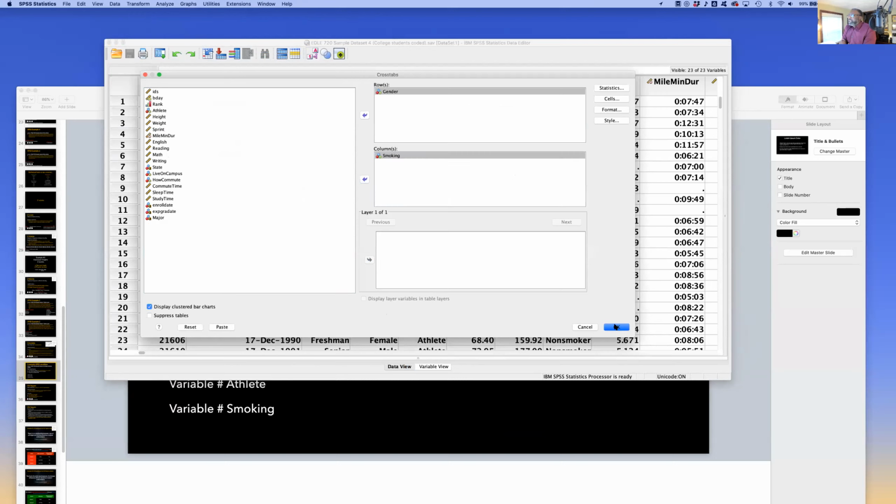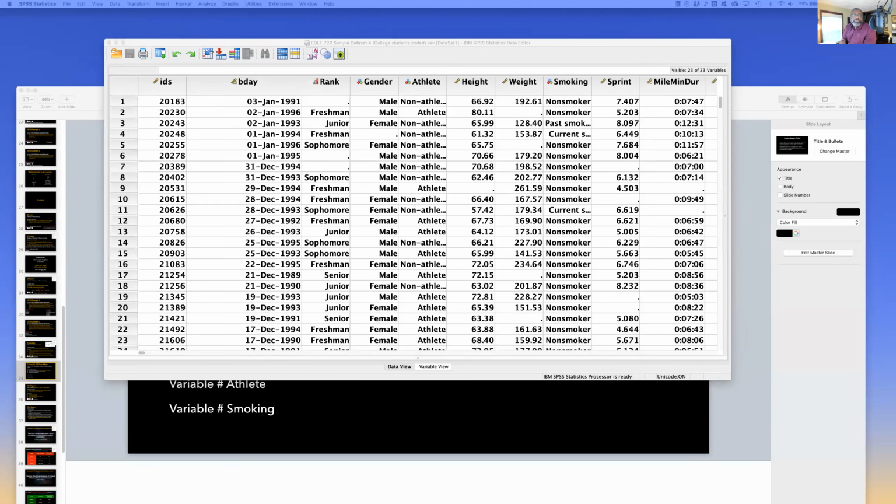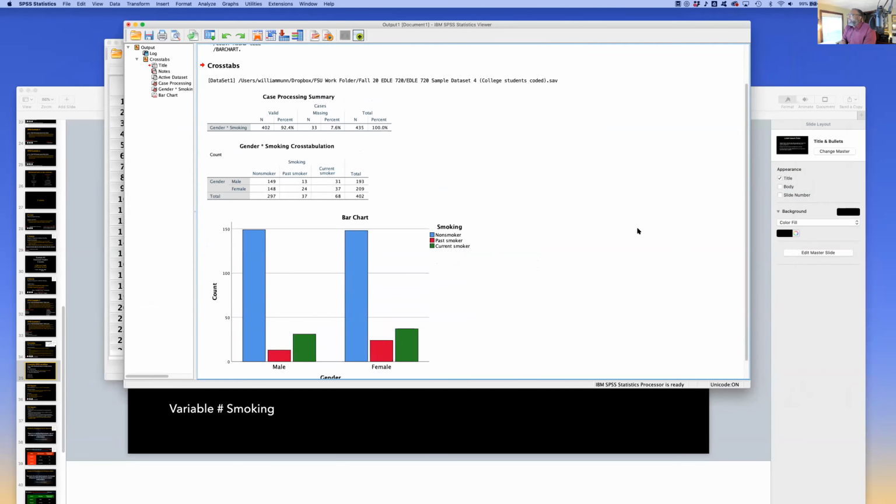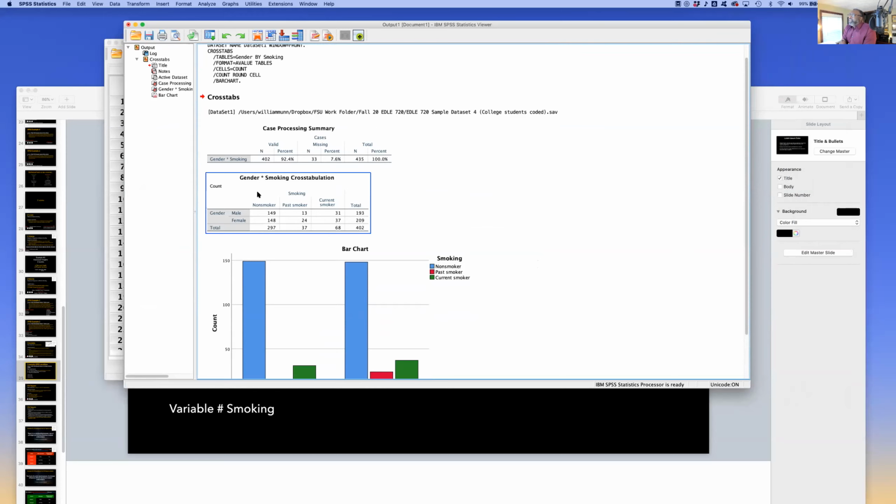We're just going to click display clustered bar charts, and this time my SPSS did not fail me. What we have here in the row is gender, and you see male, female.